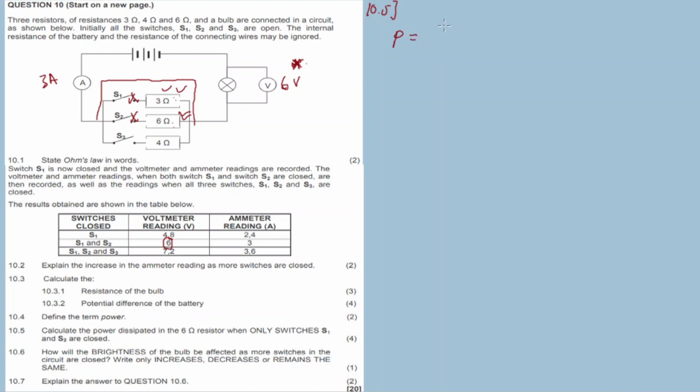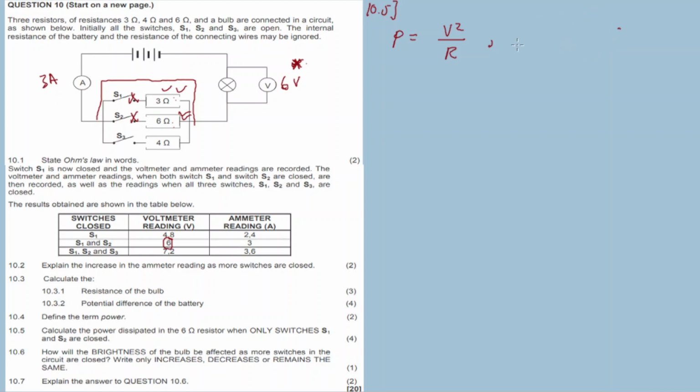So there are several formulas for calculating power. The first one is P equals V squared over R, and then I equals V over R from Ohm's law.